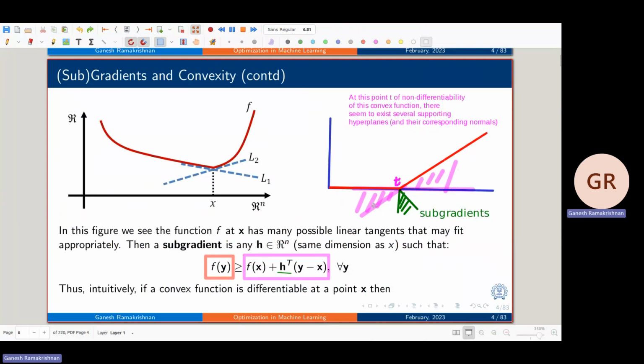The shape shaded in pink is a cone on both sides, and that is basically a convex hull. It's a convex combination of multiple tangential hyperplanes. So in as much as this is a convex combination of multiple tangential hyperplanes, the subgradient is also a convex combination, or a convex hull, of those extreme cases.